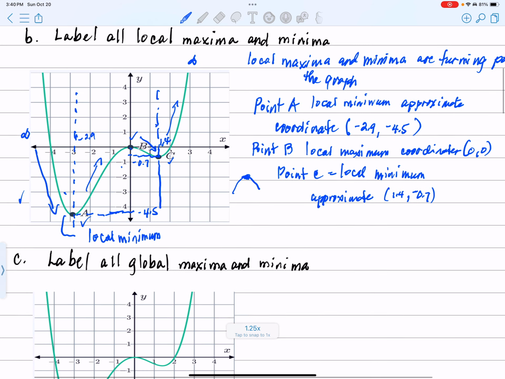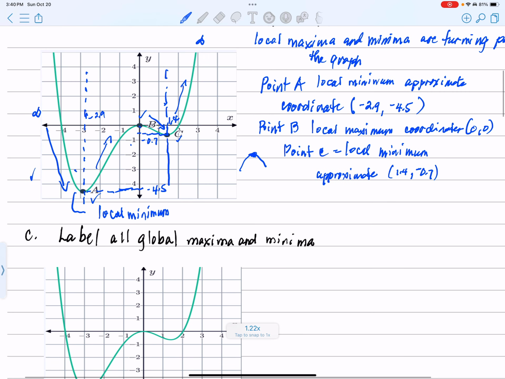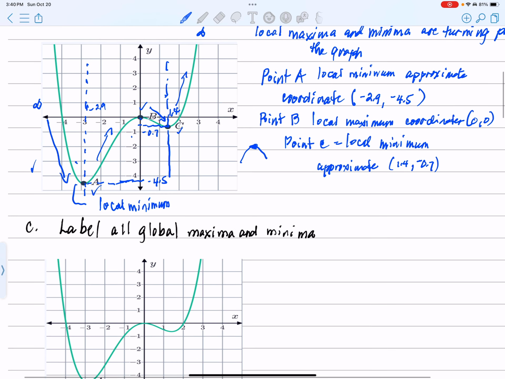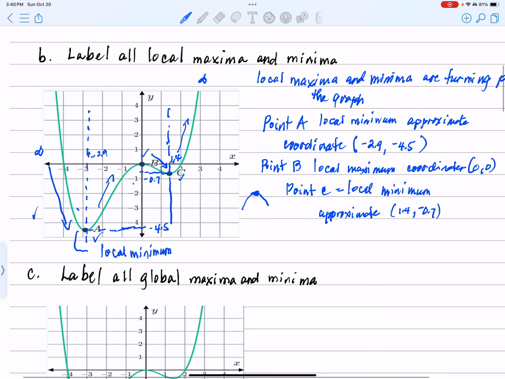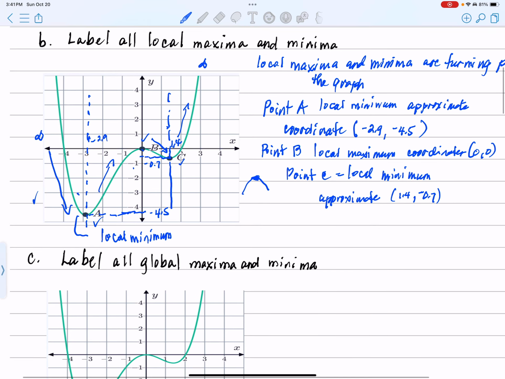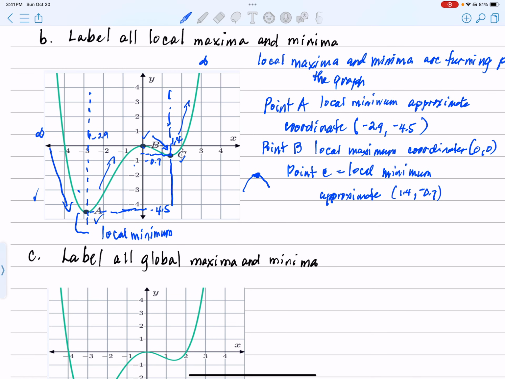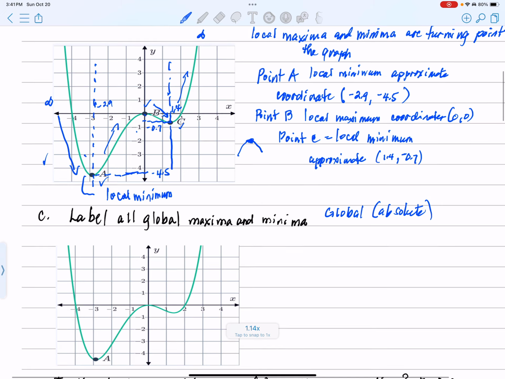Okay. Letter C is asking, label all the global maxima and minima. So I said global is absolute. Another term for that is absolute. Okay.